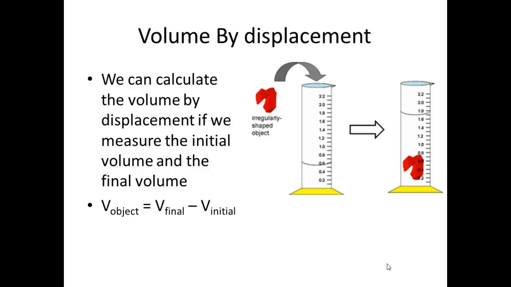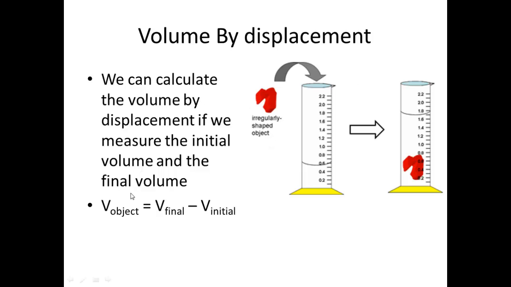Volume by displacement, this is important, you should write this down. To calculate the volume by water displacement, if we have a graduated cylinder with some water in it, and we add an object to it, like I said over here, the level of the water will rise up, similar to Archimedes in his bathtub. When he put himself in the bathtub, the water level rose and overflowed.